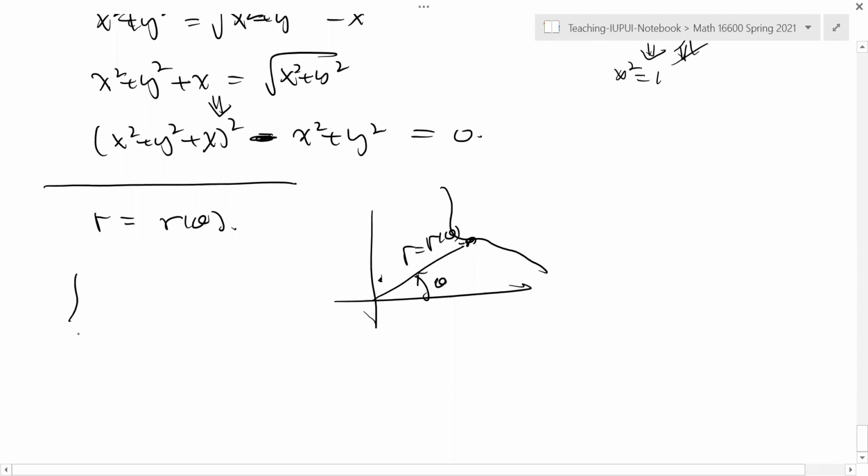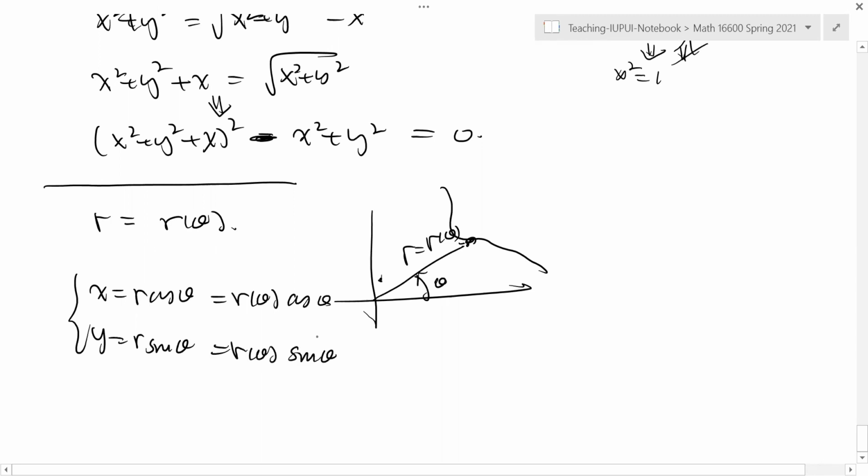But this curve can also be described by parametric equations. Because r is a function of theta, the parametric equations are in terms of theta.